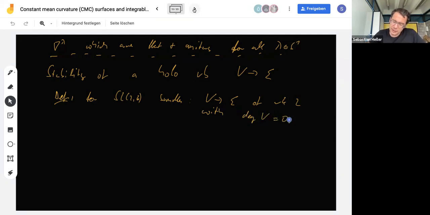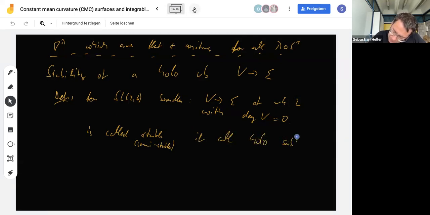And then we say such a bundle is called stable, or likewise semi-stable, if all holomorphic line subbundles, so subbundles of rank 1, are of negative degree in the case of stable, or non-positive degree.